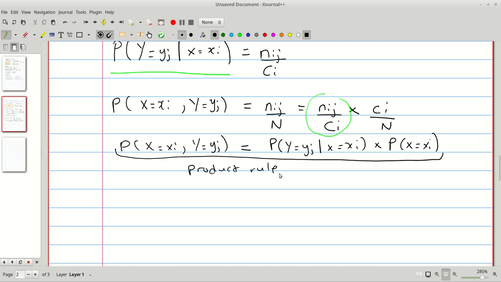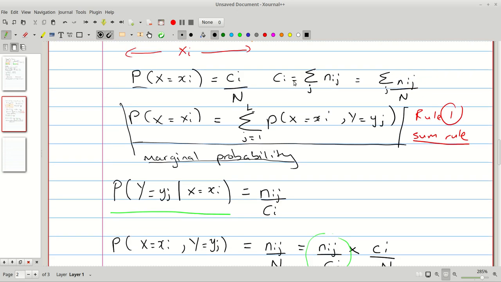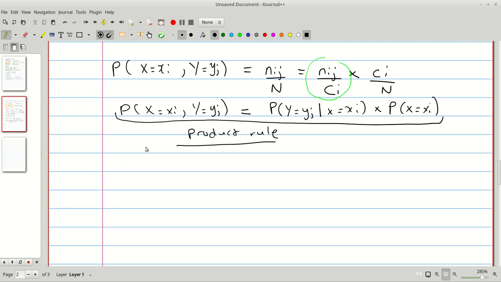You might have heard these terms before, sum rule and product rule. Here I'm just showing how they are derived. So this is the sum rule and this is the product rule. We can write them more compactly. Our sum rule is that the probability of x is equal to the summation over all possible values of y of the probability of x comma y.